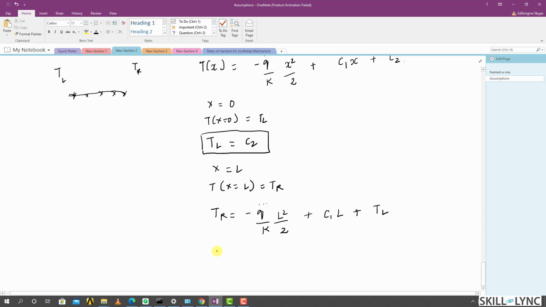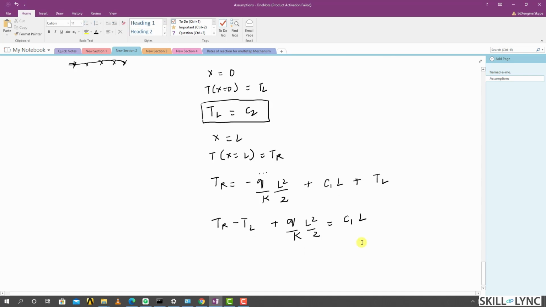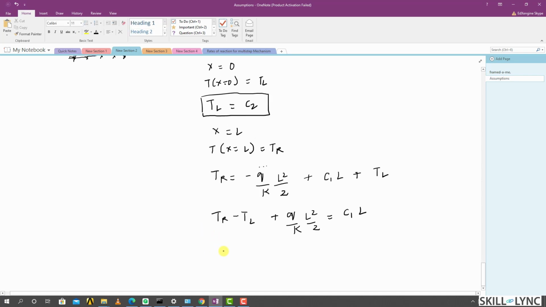So I can basically say that TR minus TL plus q by K into L square by 2 is equal to C1 times L. In other words, C1 is going to be equal to TR minus TL divided by length plus q times L divided by K into 2.